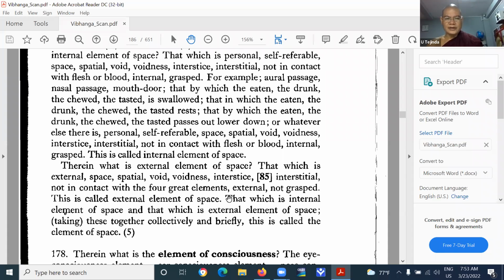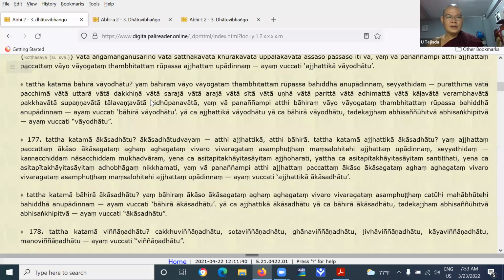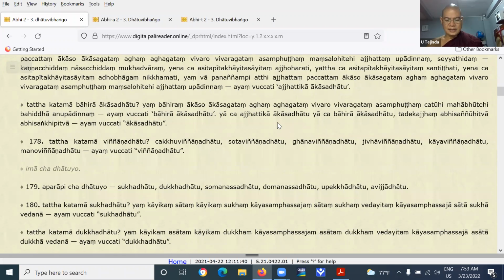So ayawajri bahira agasa dhatu. Tadekaja abisinyo hedowa abisankipidowa ayawajri agasa dhatu. Any space outside our body is called external agasa dhatu. Then the last one. Tatha Gadama Viññāna Dhatu.